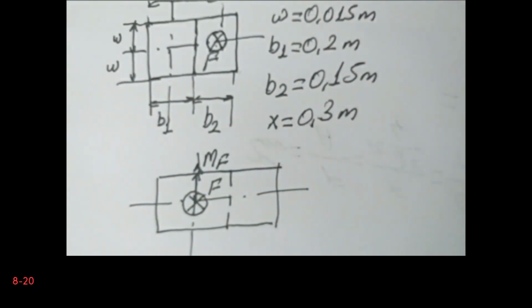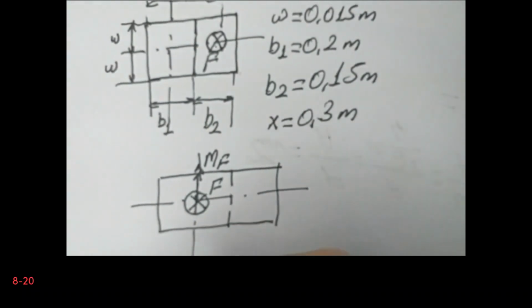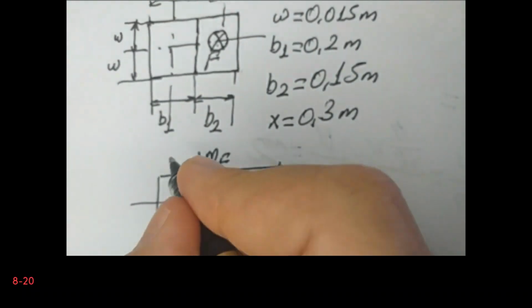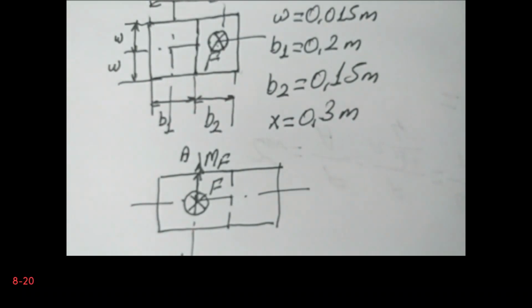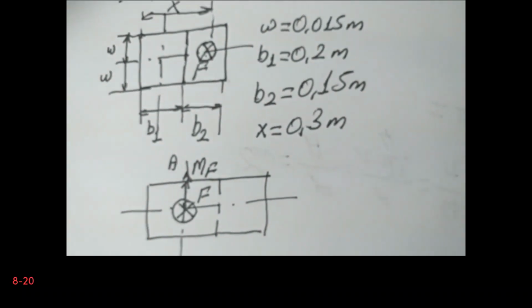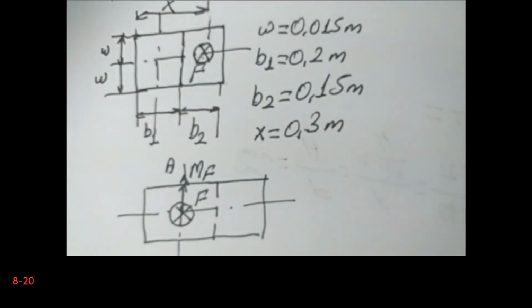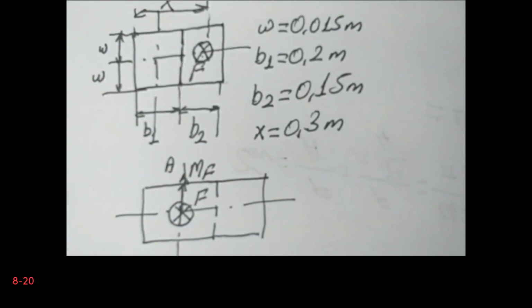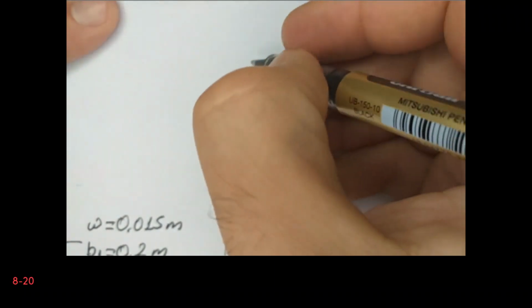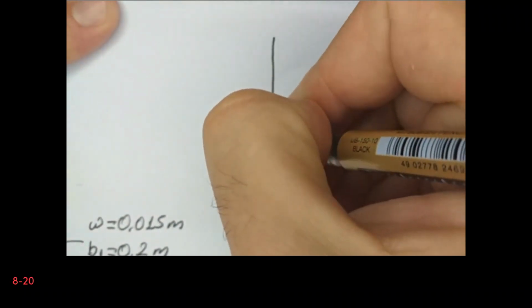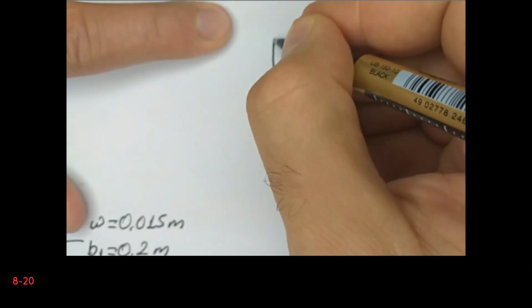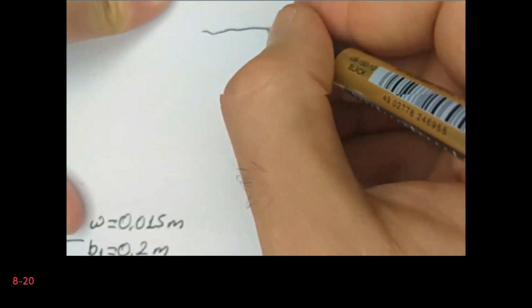So this is the neutral axis of the cross section AA. Anyway, let's look at it from the side, and then we will see it much more clearly.